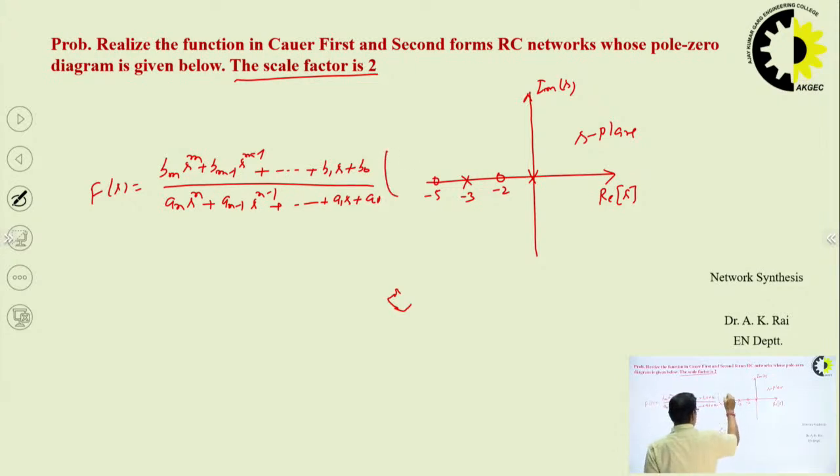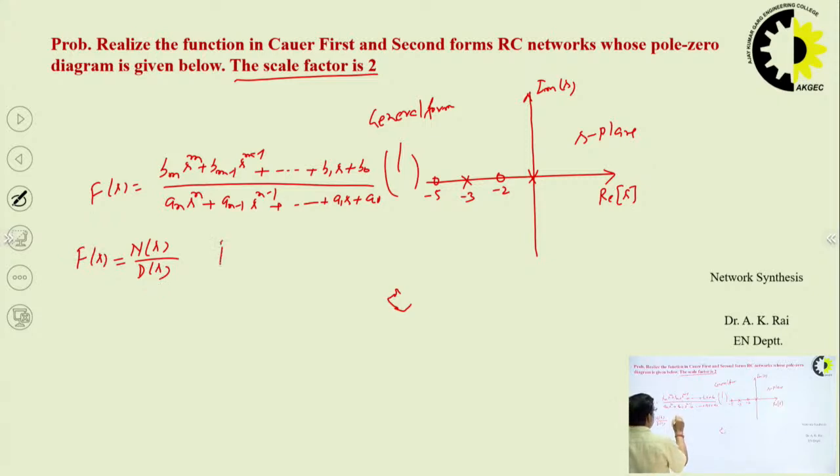This is the general form of a network function, or you can write it in the form of polynomials. Suppose this is Ns by Ds. Put Ns equal to 0.